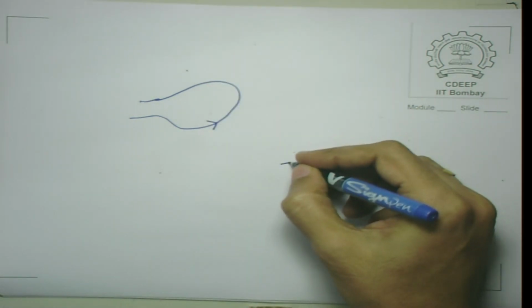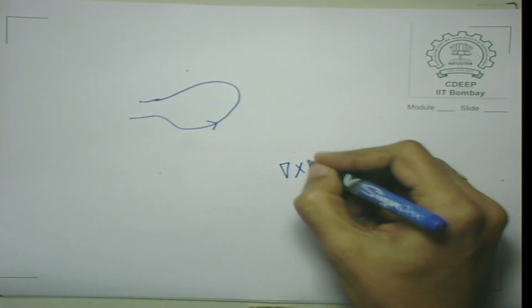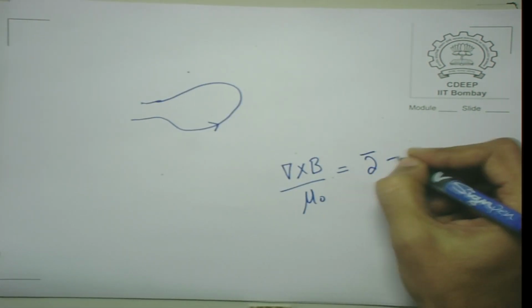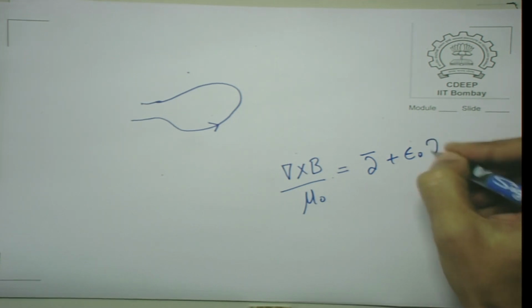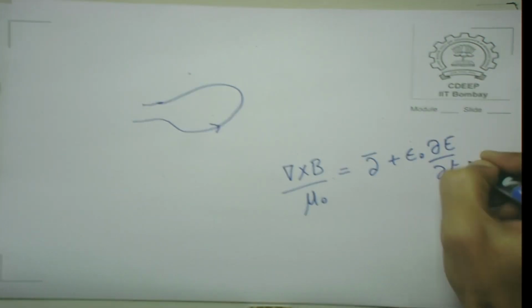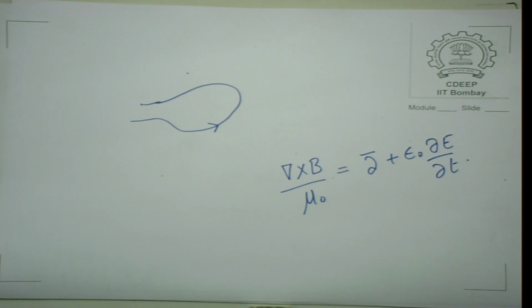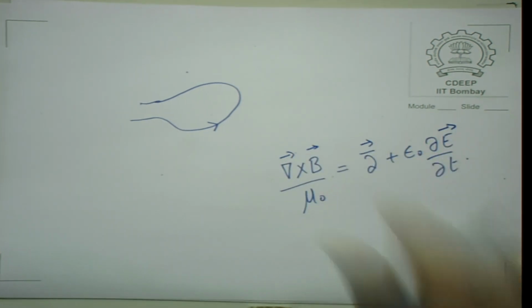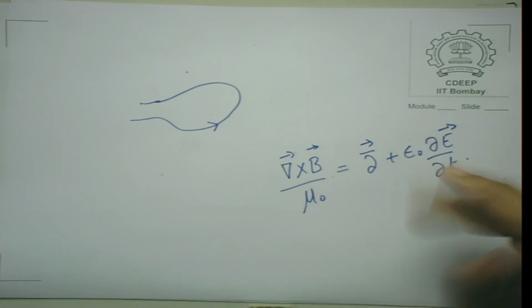Remember, this is the law. So, if you have got a current, you will have a magnetic field. Let us assume for the time being that this is 0.